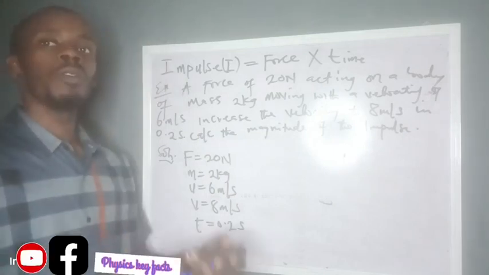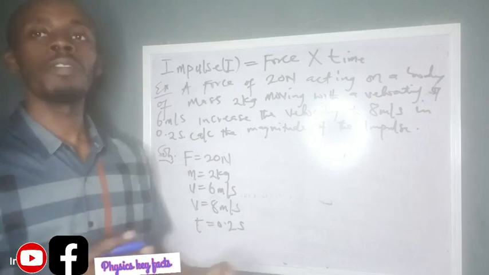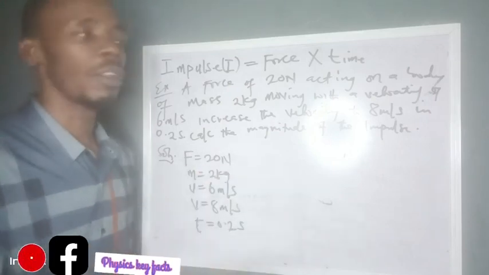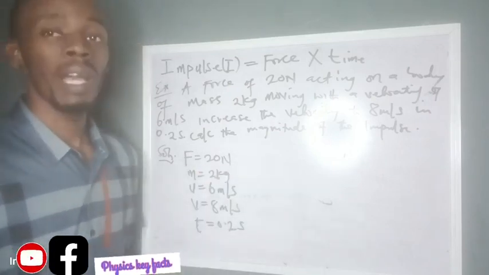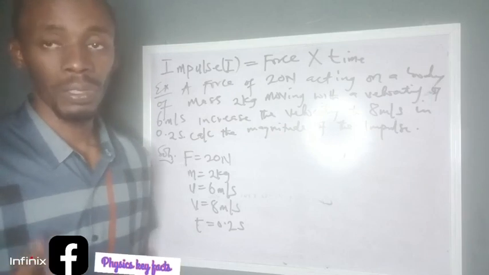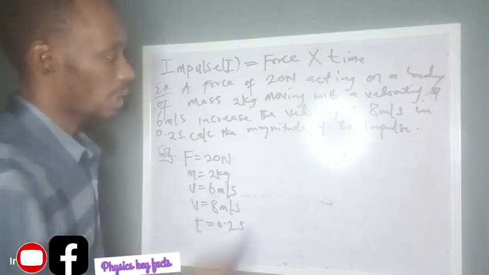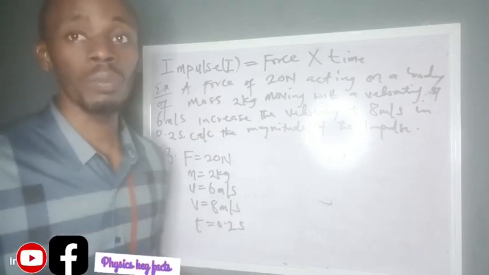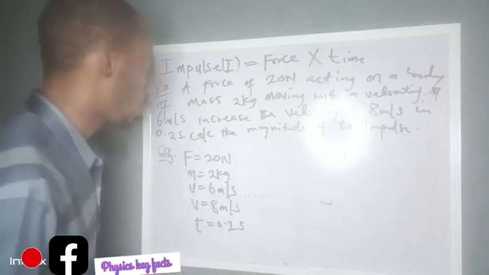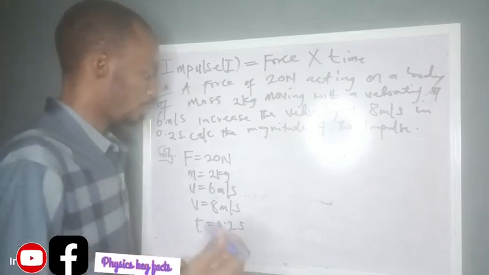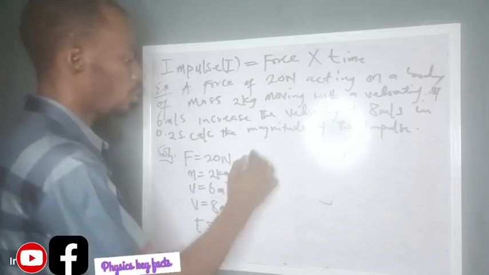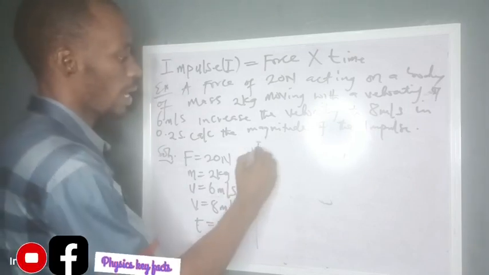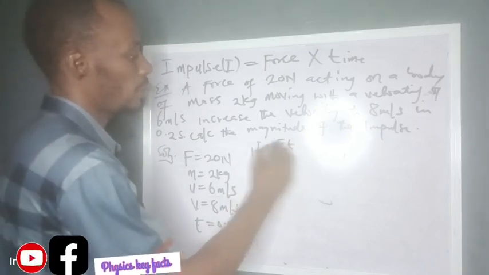That body is already moving with a velocity, and then a force acted on the body to increase the velocity. Now we are asked to calculate the impulse. They can also say calculate the change in momentum. It's the same thing as calculating the impulse. So how do we do that? We already know that impulse I is equal to Ft.